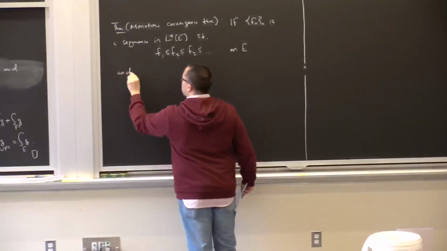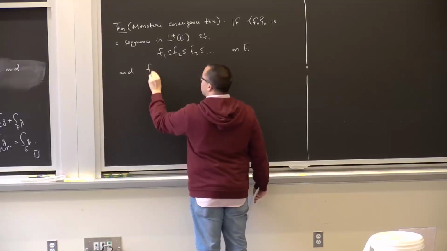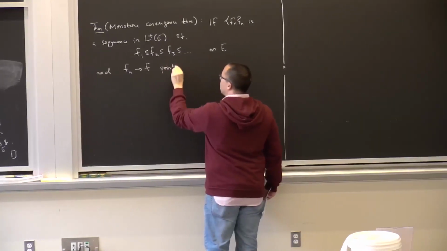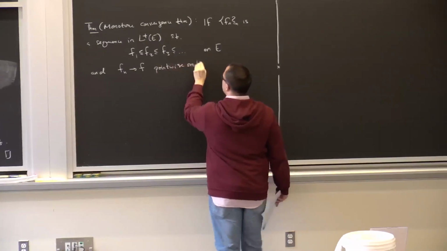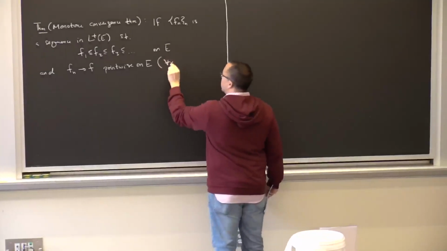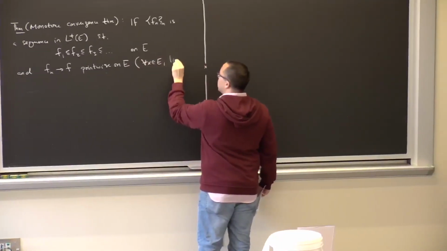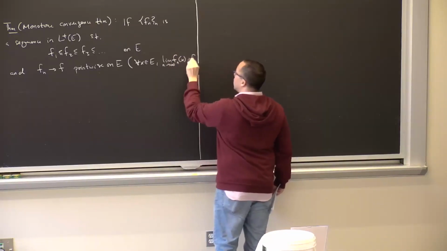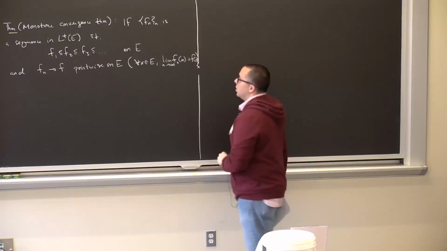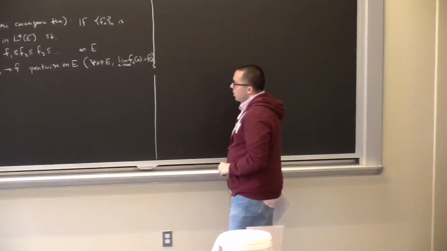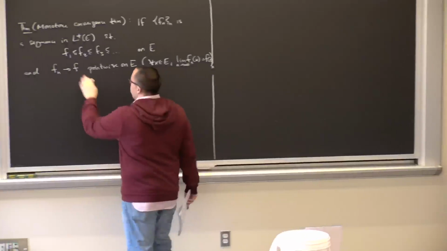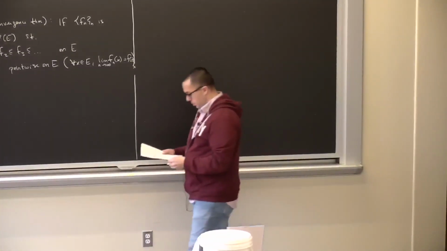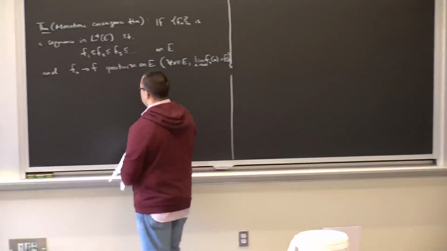And there exists a function f, so that f_n goes to f pointwise on E. So let me just recall, this means for all x in E, the limit as n goes to infinity of f_n of x equals f of x. So in particular, f is going to be a non-negative measurable function, because remember, the pointwise limit of measurable functions is measurable. So what I'm about to say makes sense.